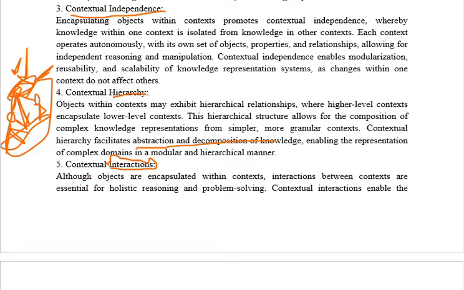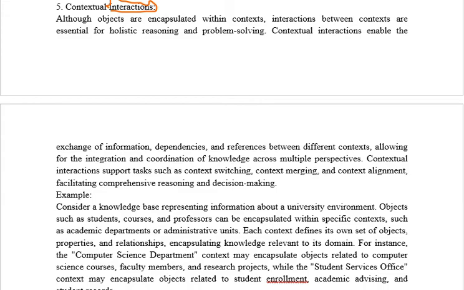Okay. Now let's understand what is the meaning of contextual interaction in KR. All the objects are encapsulated within the context, we know. So the objects and their relationships are there, they will be encapsulated in one encapsulator. Interaction between contexts means one context to another context, some interlink, like interconnection. So why are they using this interaction between two contexts?